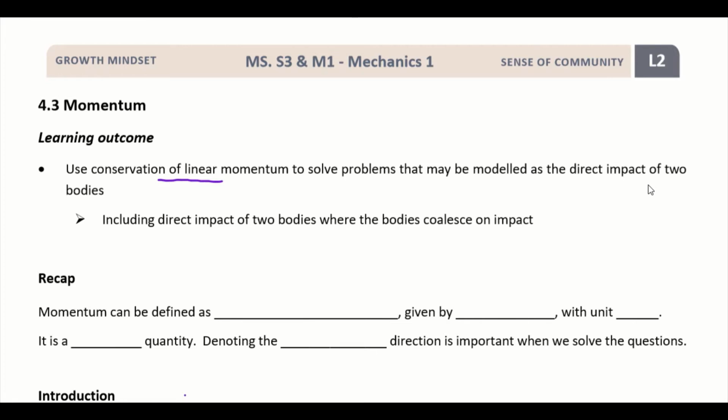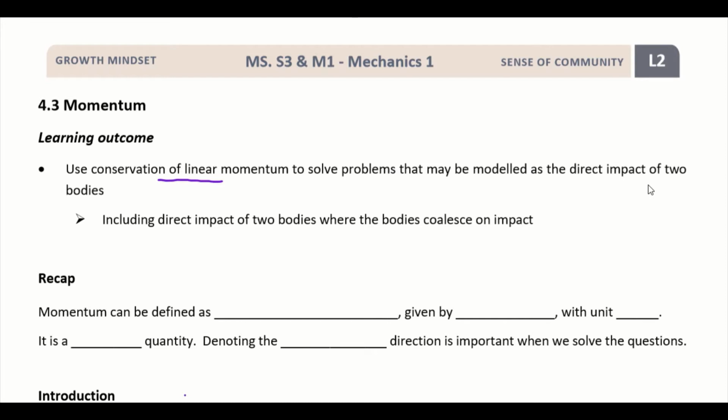In the first lesson, we learned about the definition of momentum, right? All the questions that we solved focused on one single object only, and we were just using the momentum formula and also some suvat formulas to help us solve the question. Under this lesson, we are going to look at two objects that collide with each other.